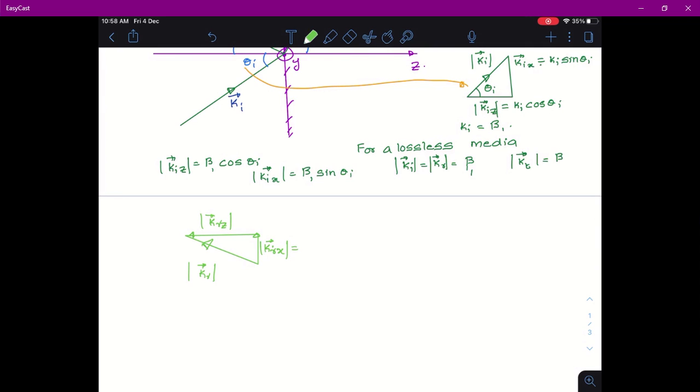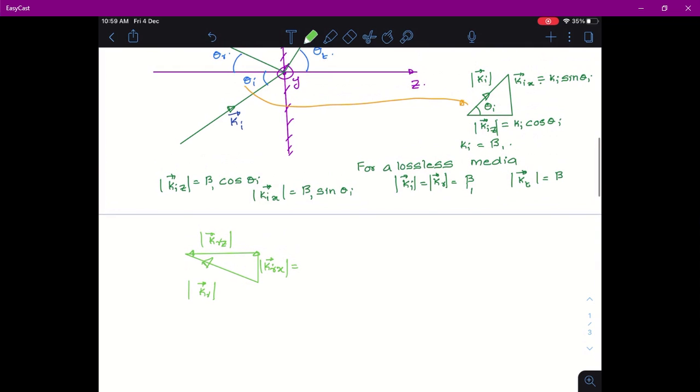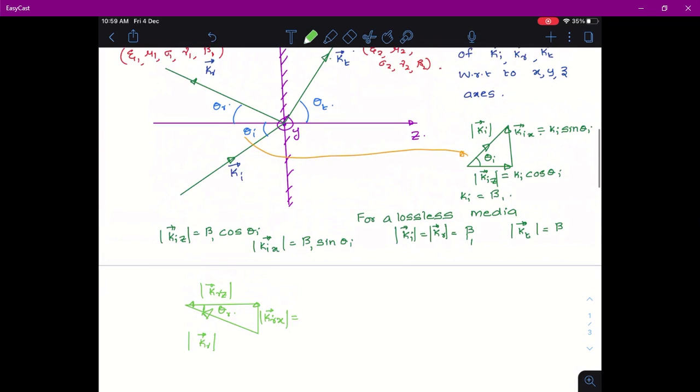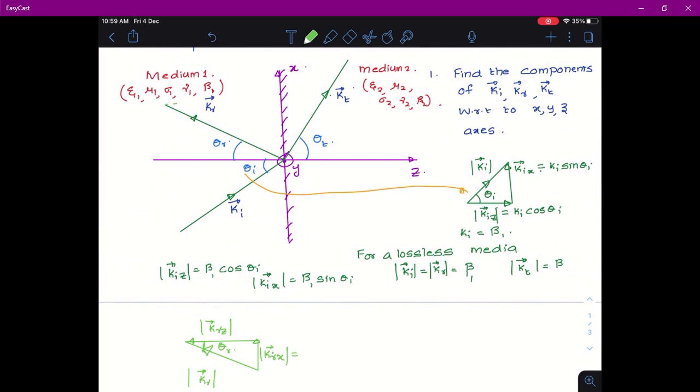Now krx, the magnitude is towards the up direction. I think for the previous one I haven't mentioned the direction. Okay, towards the up direction. And you see this angle is theta r from here.